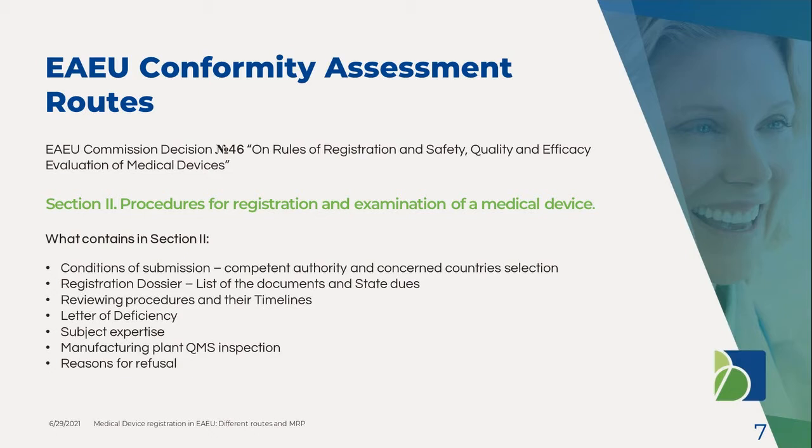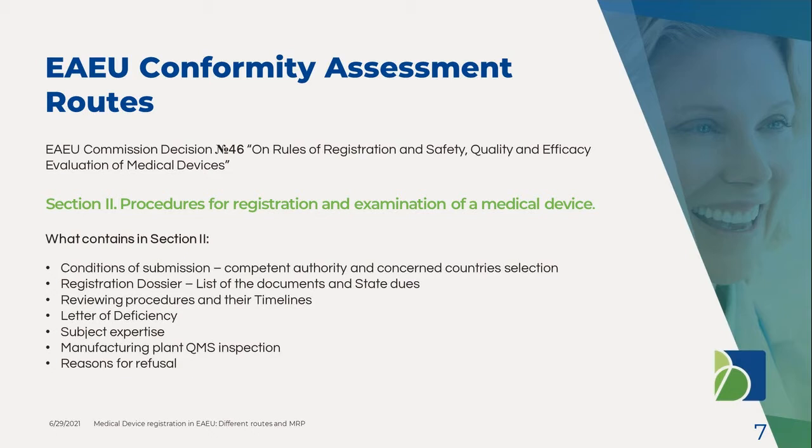And the second section of the decision number 46 contains the following: conditions of submission, requirements to the registration dossier, procedure of reviewing and timelines, letters of deficiency, subject expertise, and very important things, it's inspection of manufacturing plant and reason for refusal.